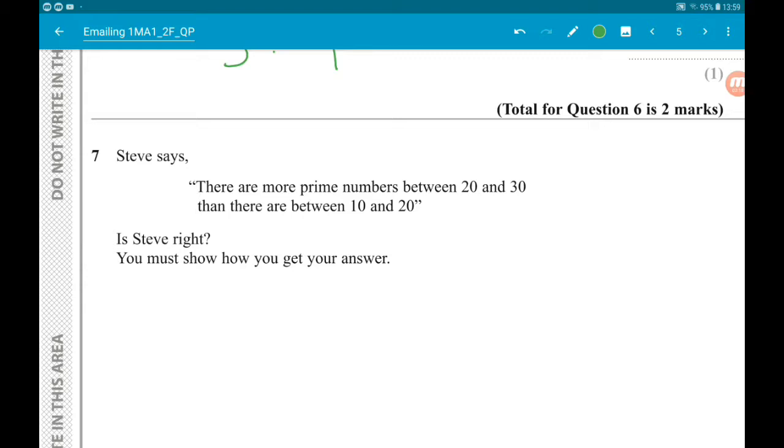Okay, so prime numbers are numbers that nothing goes into except 1 and itself. So between 20 and 30.